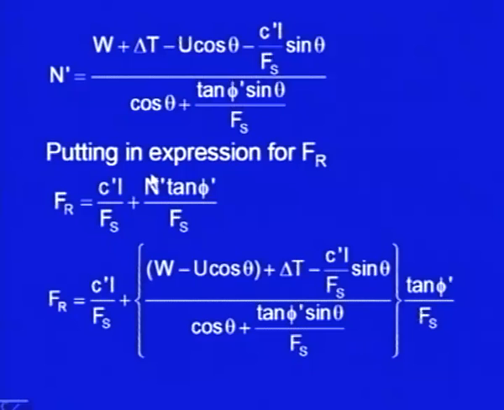When we put N dash here, Fr will become C dash L upon Fs plus this expression, W minus U cos theta plus delta T minus C dash L upon Fs sin theta, upon cos theta plus tan phi dash sin theta upon Fs, and this whole multiplied by this quantity tan phi dash upon Fs. So, this is Fr.